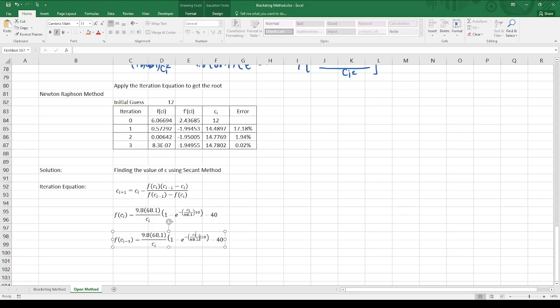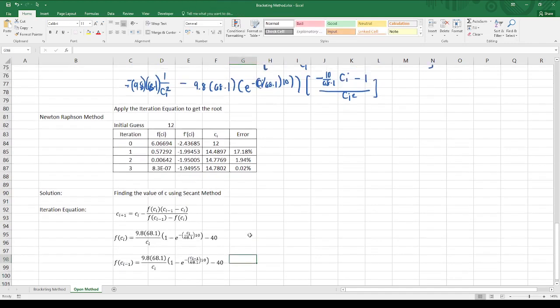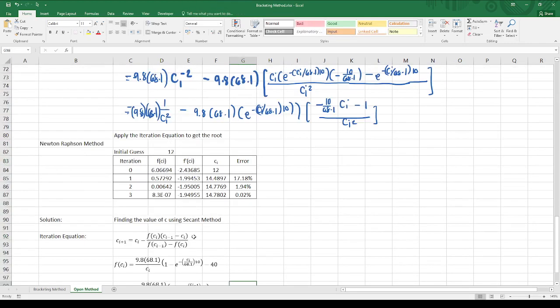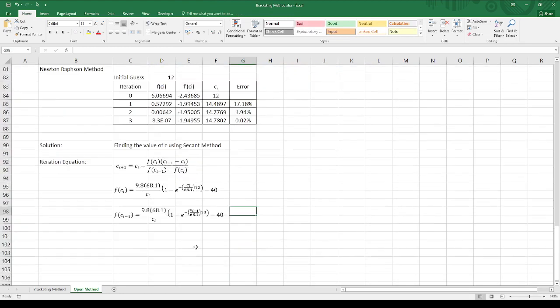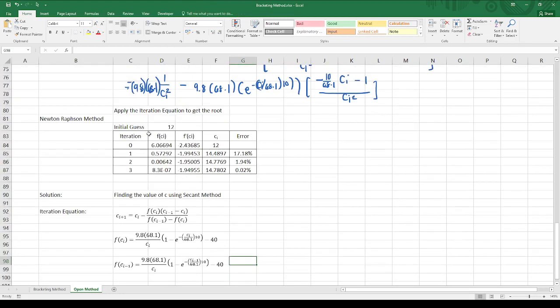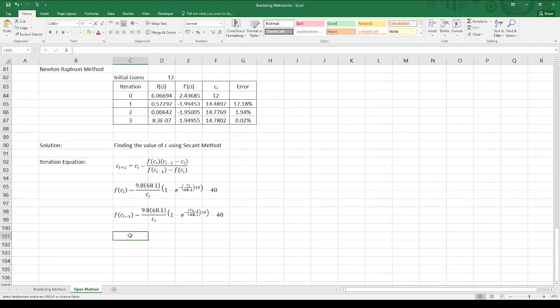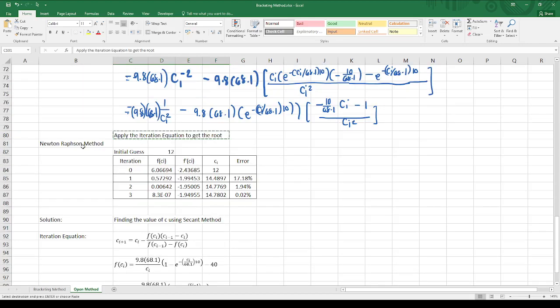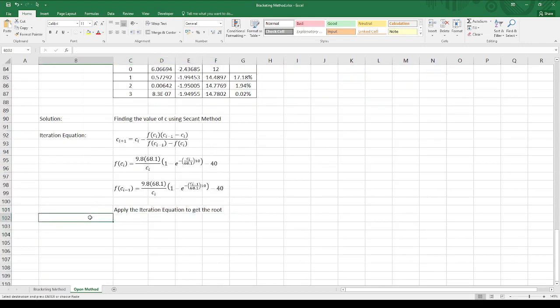So, yeah. So simpler solution here for second method. So let's create now the table. So apply the iteration equation to get the root. Then this is second method.